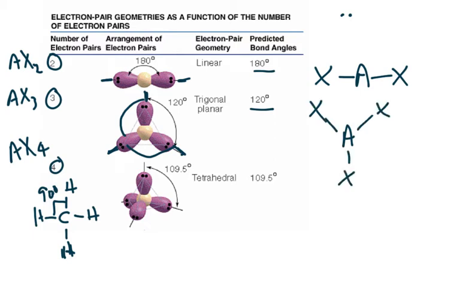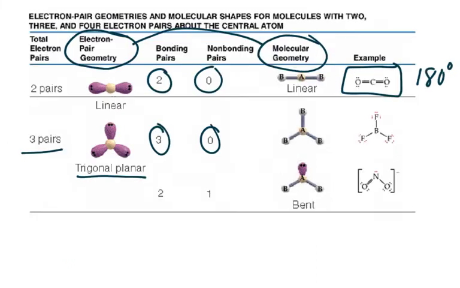Notice that this has 3 domains, and all 3 of them are atoms, so it has 3 bonding domains. You don't see any lone pairs here, so it's 0 lone pairs. And when you look carefully at this, you'll notice it's trigonal planar. We'll go back over here. Notice that when all three are bonding with zero non-bonding, the electron and the molecular geometry share the same name. They're both called trigonal planar. You saw that the angle is 120 degrees.